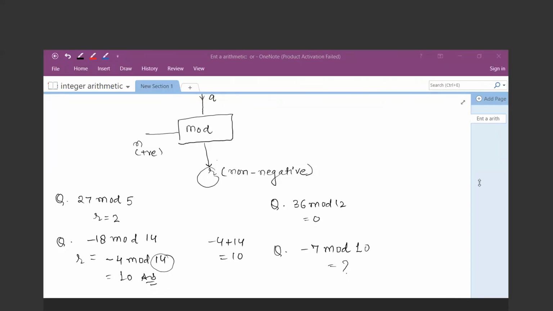Only 3 to 4 students are giving me the answer. Yes, Shivani, the answer is 3. Good.